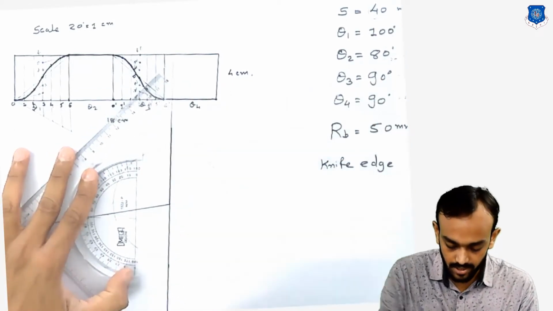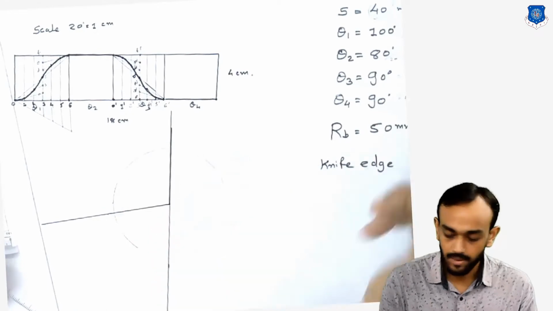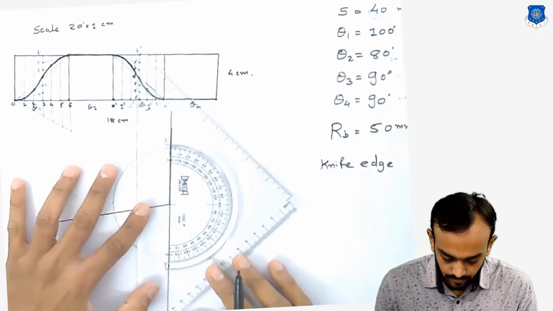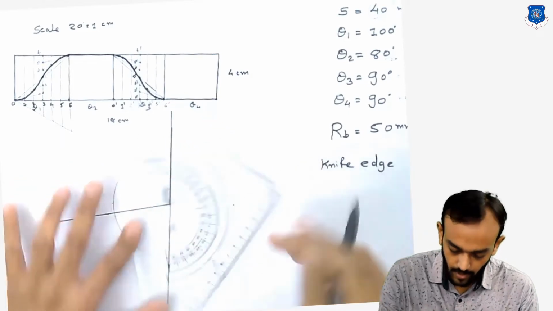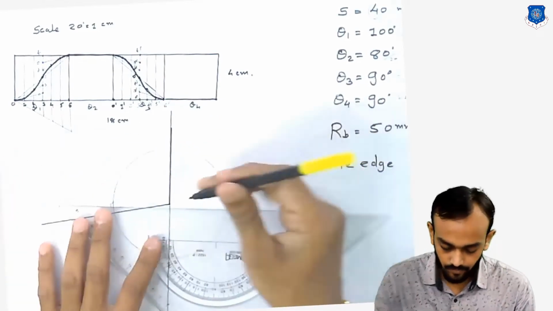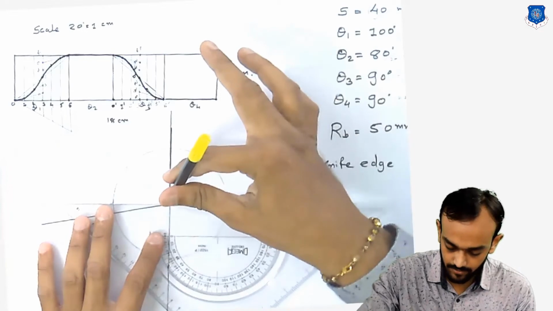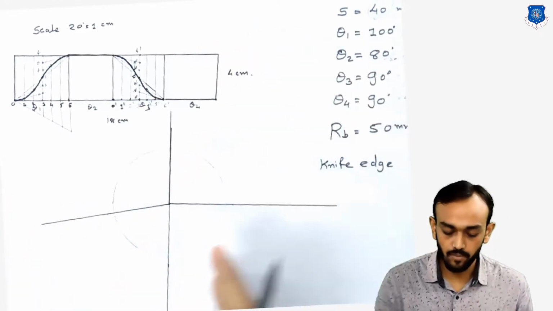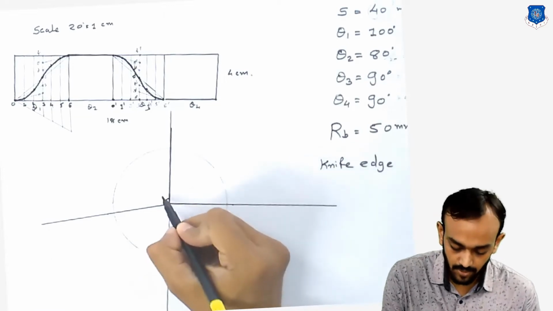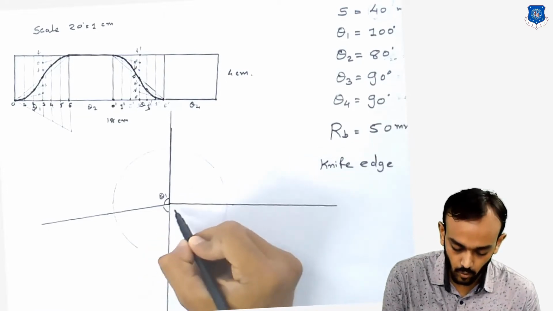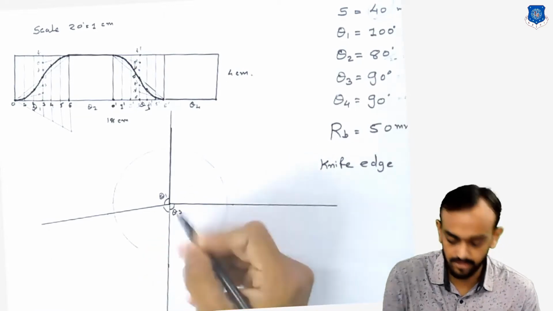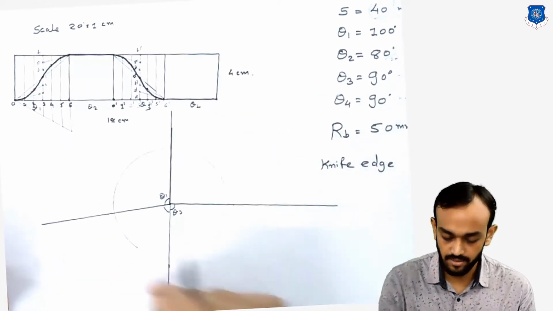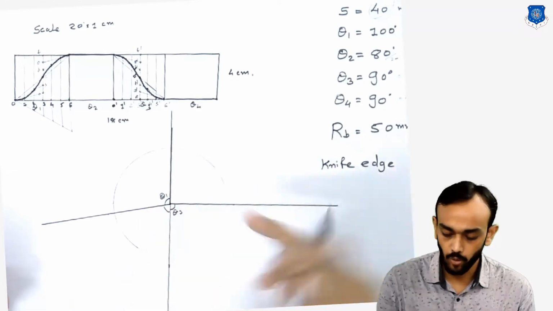So you can check here, this will be the second partition, and then 90 and 90. Check this. So now we have partitioned theta 1, theta 2, theta 3 and theta 4. So make the base circle of 50 radius and make the circle 4 partitions as per the given data.